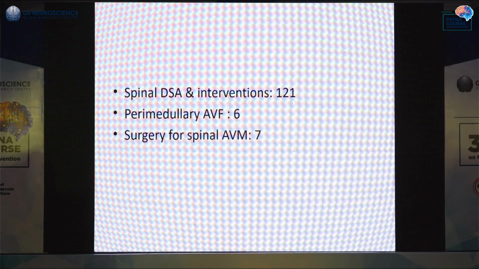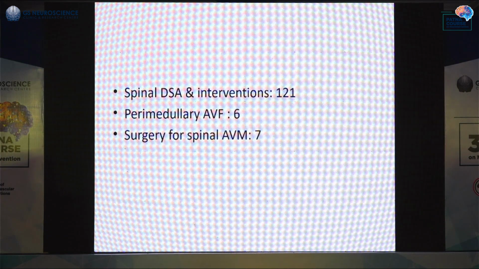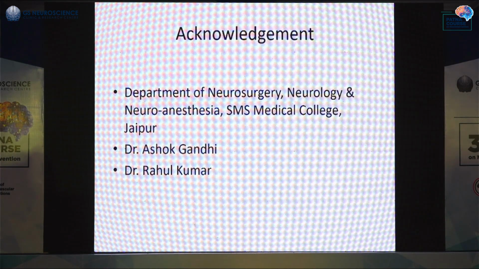We have around 6 cases of perimedullary fistula, and in some cases where we are not able to reach the nidus, particularly in dural fistula, we have Dr. Gandhi who does surgeries for this. We have around 7 cases where surgery has been performed by Dr. Gandhi. Thanks to my department, neurosurgery, neurology, Dr. Gandhi, and thanks to Rahul.